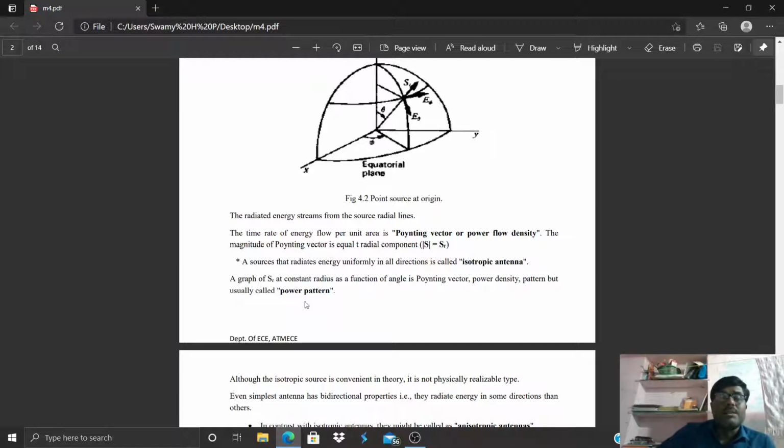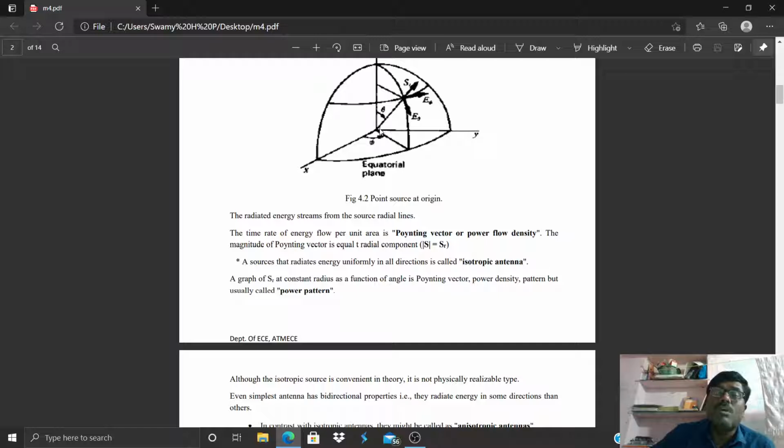The power pattern is the graph of S_r, the radial Poynting vector or radial power density, at a constant radius.